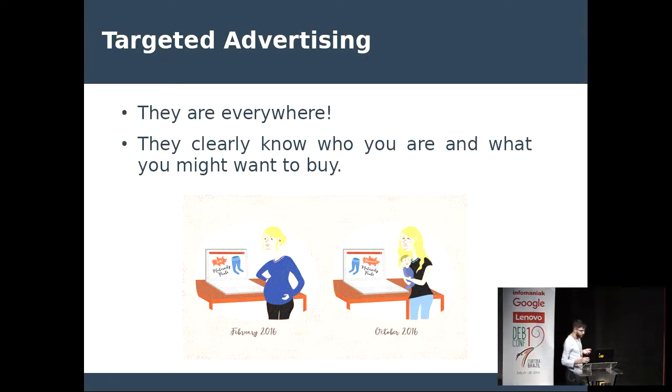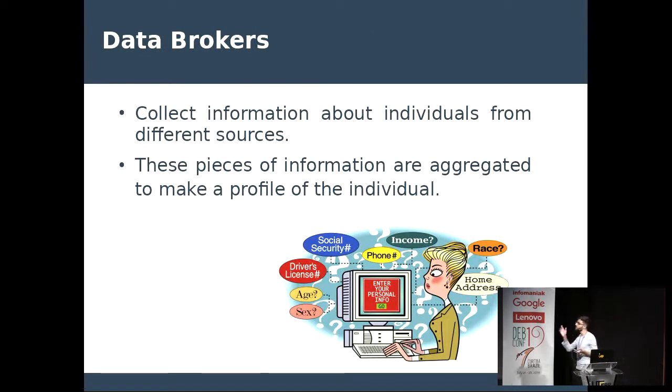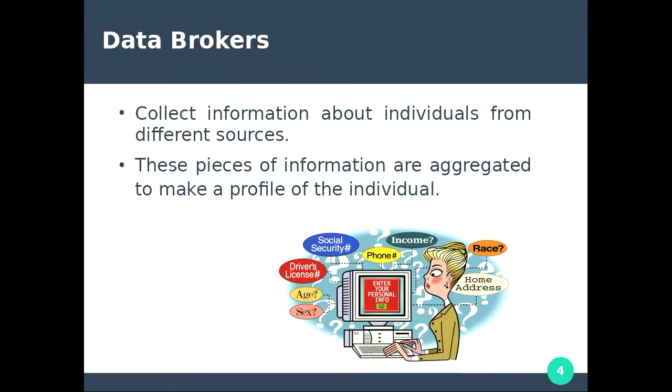And one of the reasons for that is these guys here: data brokers. Data brokers collect information about individuals from different sources. Maybe from public sources like public records, or maybe from private sources like social media, web pages that the person visits, and the apps that this person uses.